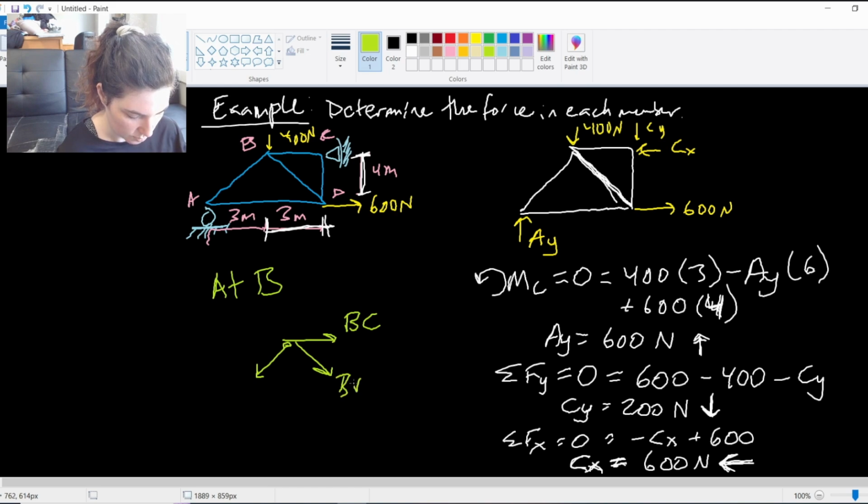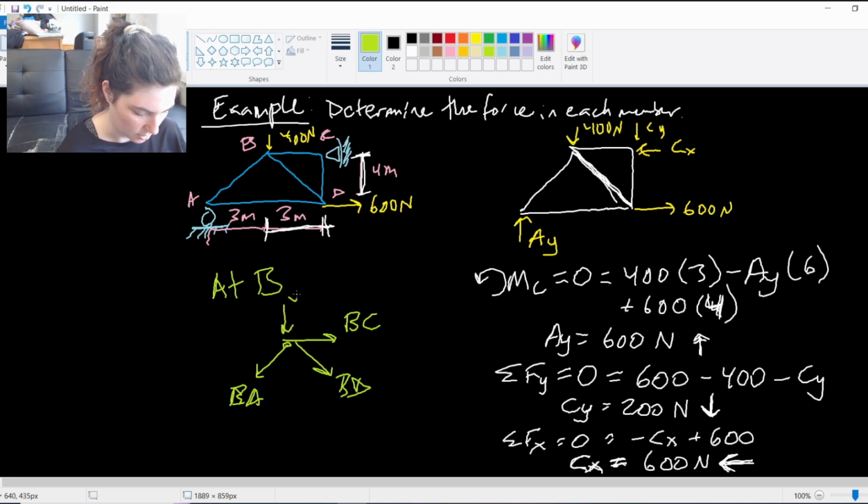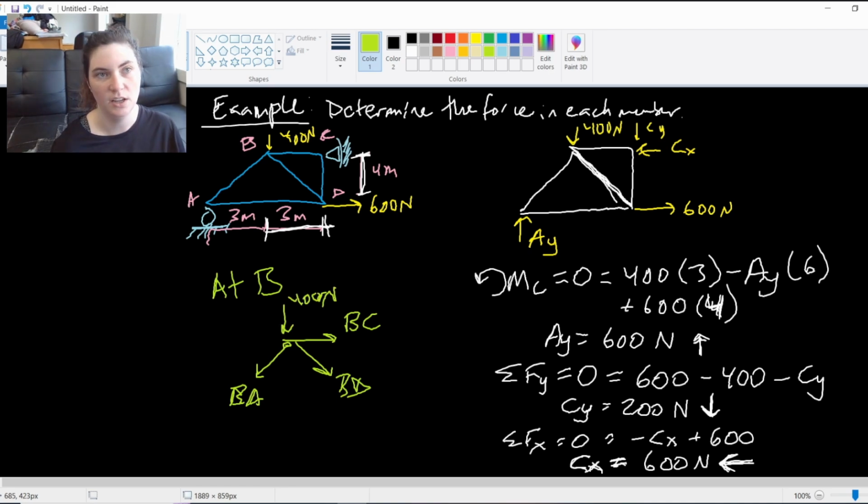BC, BD, and BA. So here we couldn't solve for the reaction. There are too many unknowns. Also, even with this 400 Newton applied force, there are only 2 equilibrium equations we can apply on these joints: the summation of forces in the y direction and in the x direction.